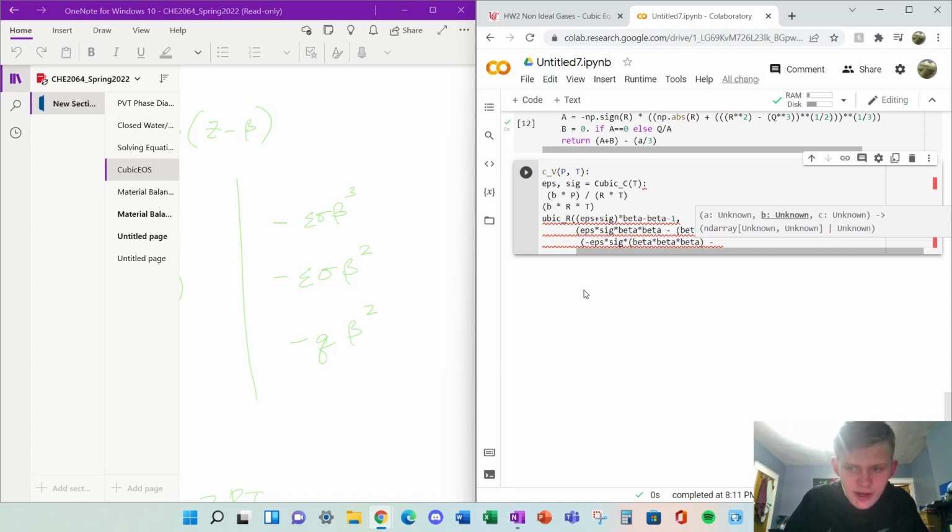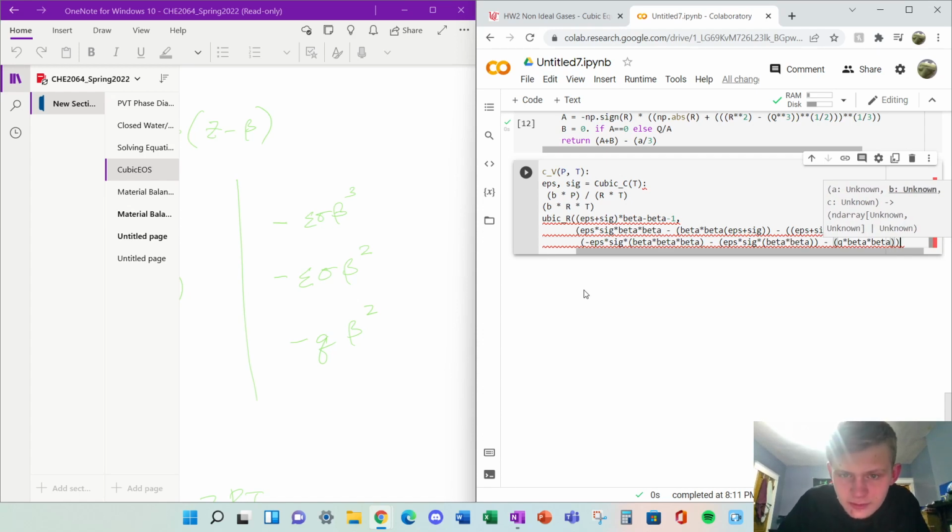And then we'll have this next thing separated off, which is our epsilon value times our sigma value times our beta value squared. That's separated, and then we will have our final portion of this equation separated by a Q. Our Q times our beta value squared. So then b times beta, and voila.